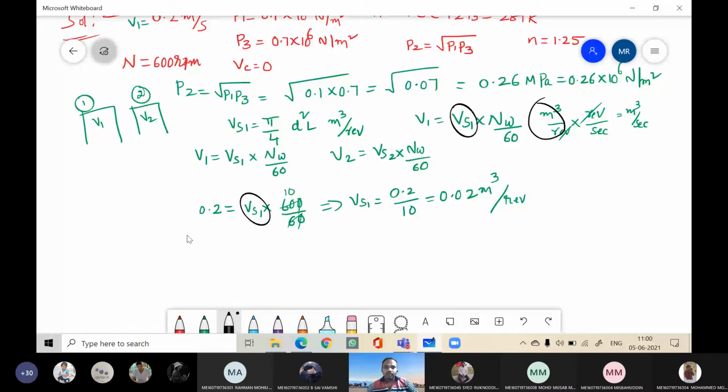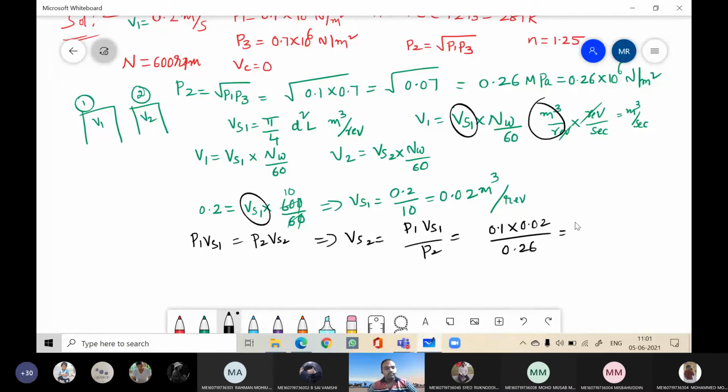Once you know VS1, how to calculate VS2? We know the equation of state: P1 VS1 is equal to P2 VS2. Therefore VS2 is equal to P1 VS1 by P2. P1 value 0.1, VS1 we got as 0.02, divided by P2 value we calculated, 0.26. How much will it be?